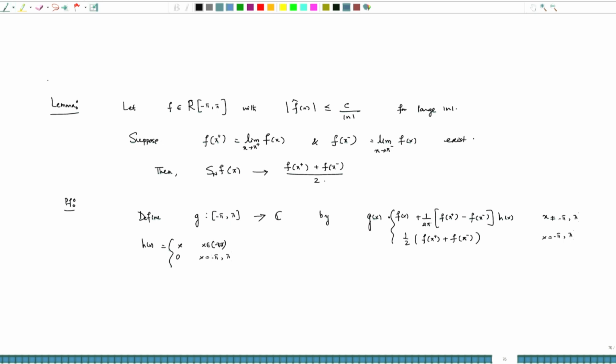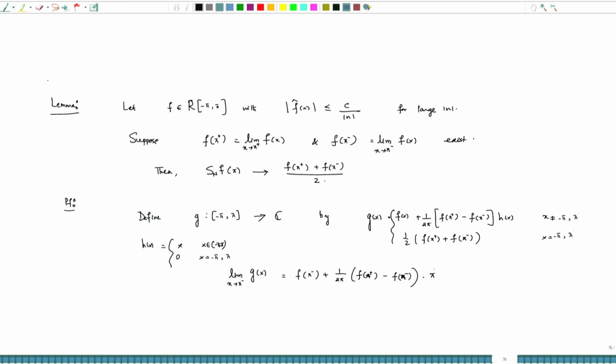Now, as you can see, the limit x going to pi minus, or pi plus for that matter, of g of x is equal to f of pi minus, this limit is going to be there, plus 1 by 2 pi times f of pi plus minus f of pi minus times the limit of h of x. Now, h of x is x on the open interval minus pi to pi.